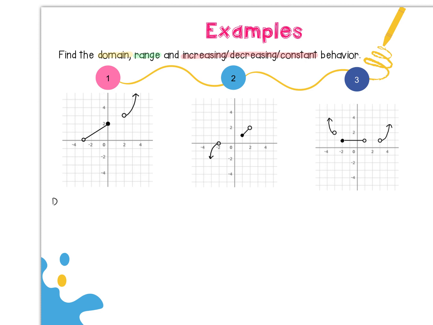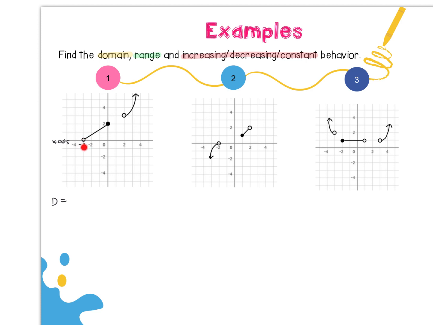I just start moving from left to right along the x-axis, and as soon as I identify the first x value, I notice that my graph starts at -3.